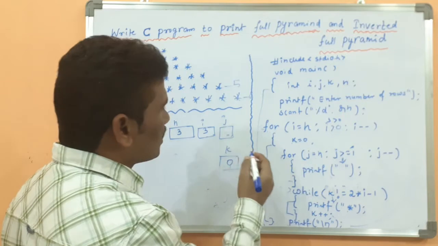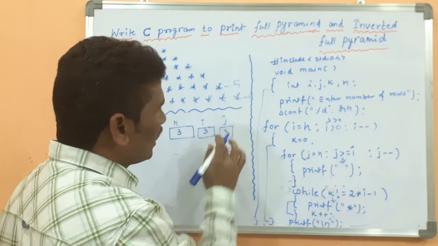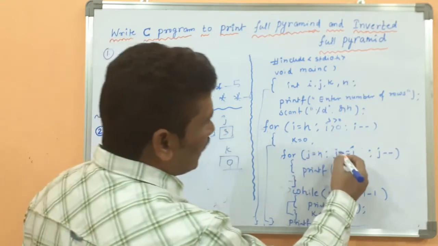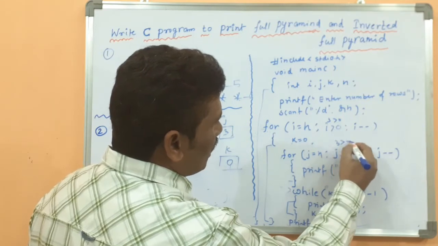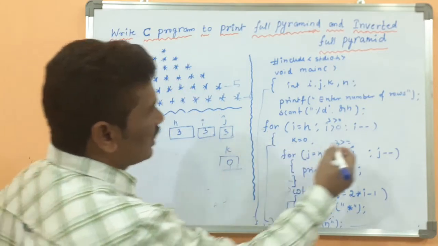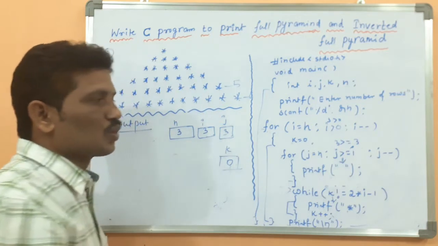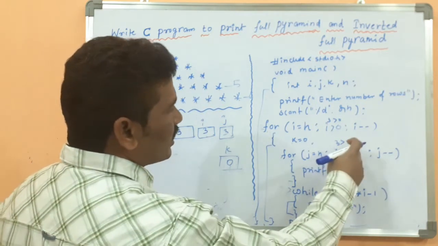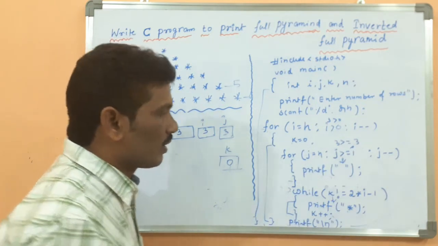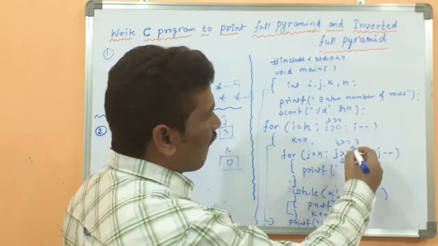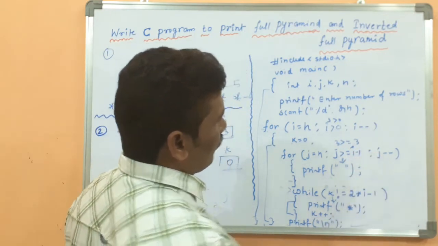Then j value becomes n value, 3. 3 less than or equal to I, what is the I value? I value is 3. The condition is true. Here I minus 1.